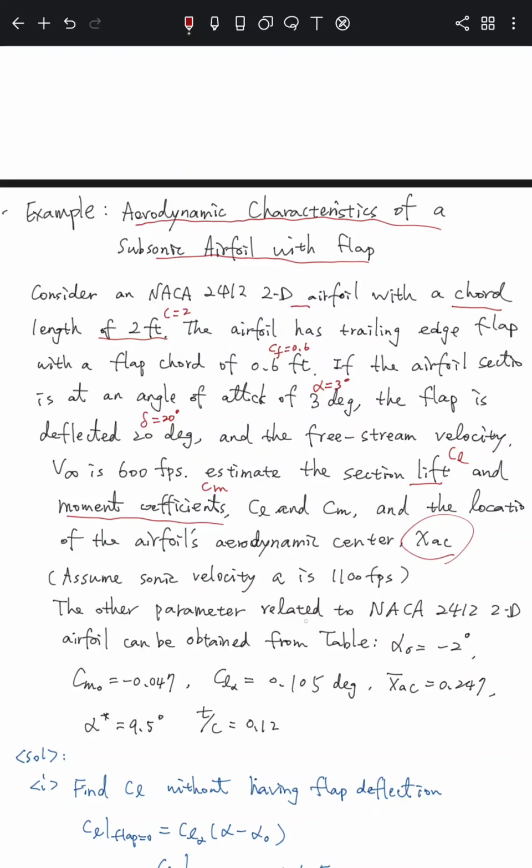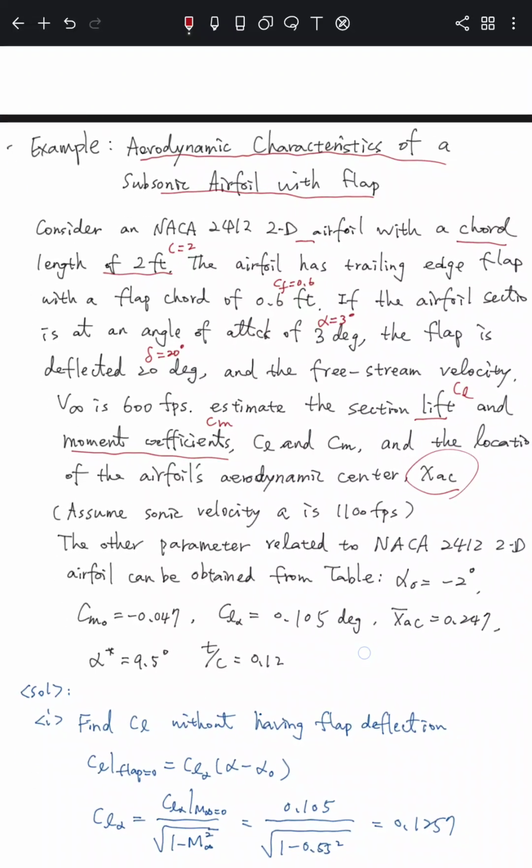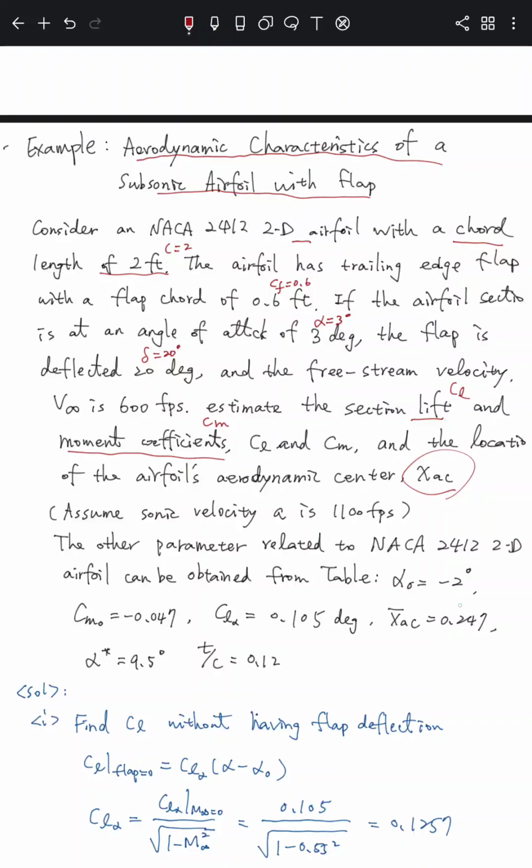Other parameters related to this airfoil can be obtained from the table. I didn't attach the table here, but you can find it in your textbook. This is all the necessary information you need to solve this problem.